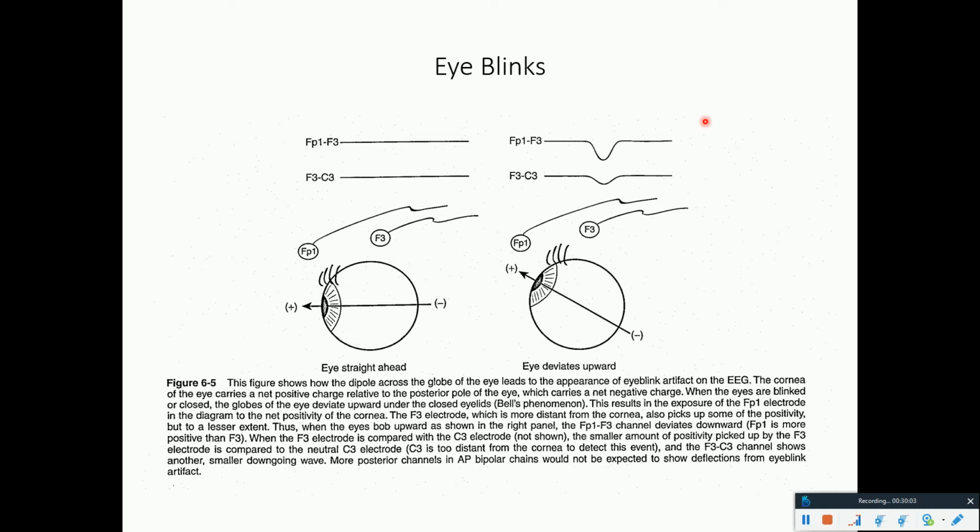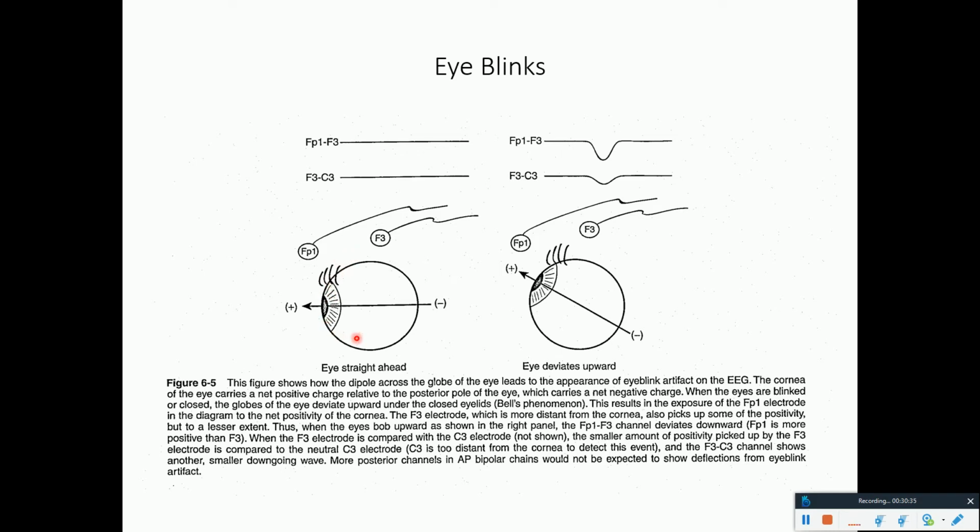Now, where does the problem actually come from? Why do we see these eye blinks? The reason is that the eye is actually a dipole, so it is more positive on the front side than in the back, which is due to the anatomy and the setup of the eye itself with the retina and everything you know about.